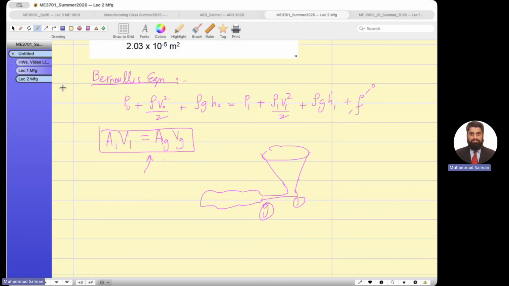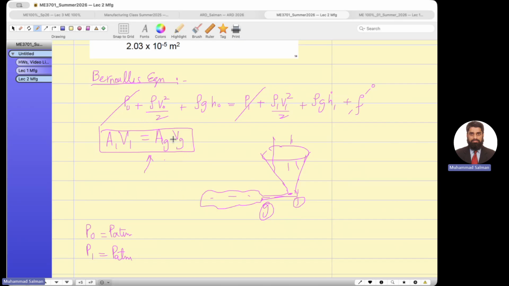So let's see, what is the pressure? P0 is atmospheric, agreed, and P1 is also open to the atmosphere. Pressure is atmospheric everywhere, like in our room, even at 1 and at G. So can I write P1 as atmospheric pressure? Can I cancel this part from this part, because they are both atmospheric pressure? Agreed?